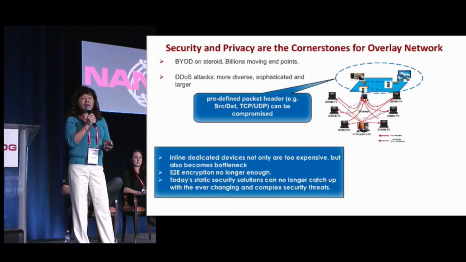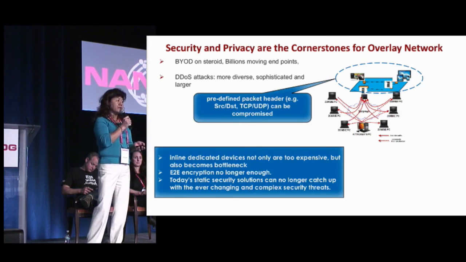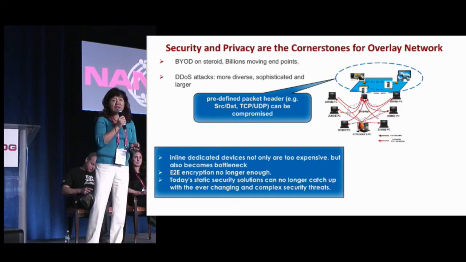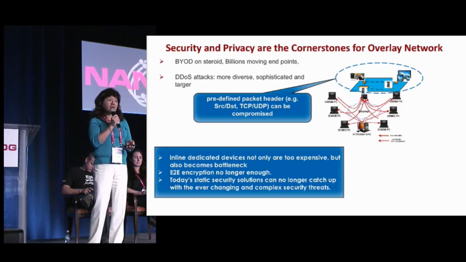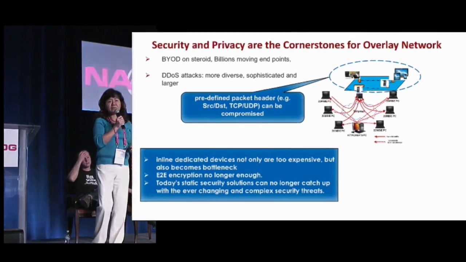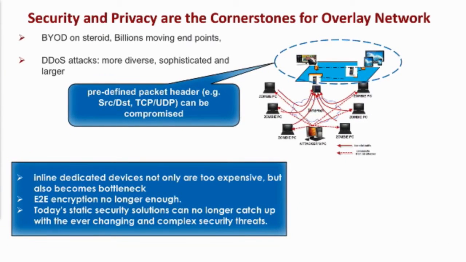With overlay networks themselves imposing security rules and security functions, they have their limitations. Even though you could have encrypted traffic between your overlay nodes, you still cannot prevent a DDoS attack. And also, any predefined header, like when you use a header as a criterion to set up rules, that kind of header can be compromised.